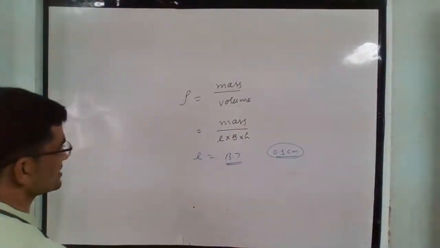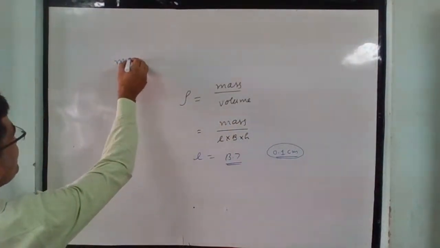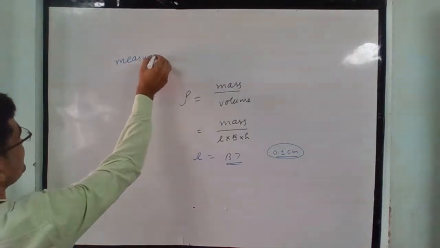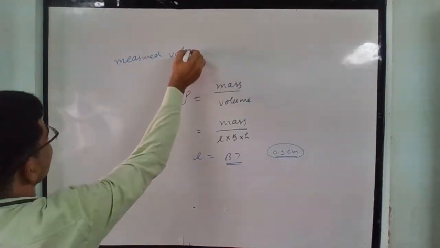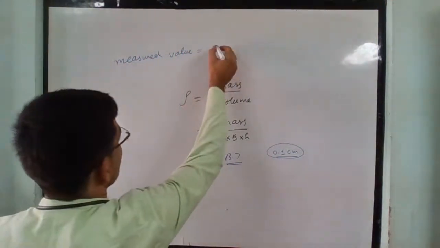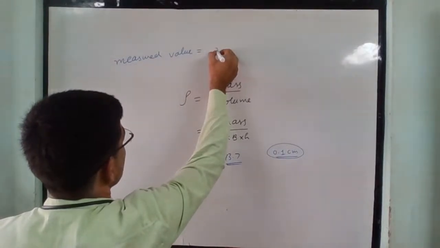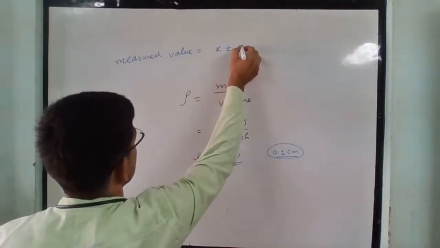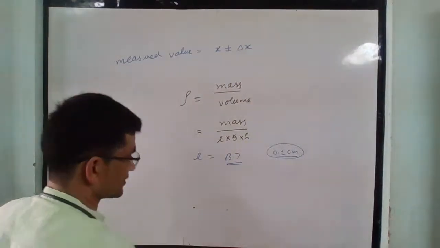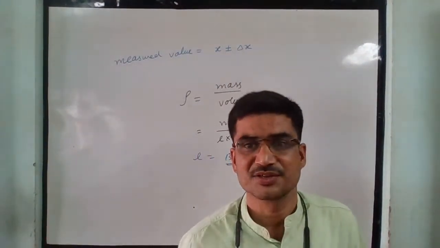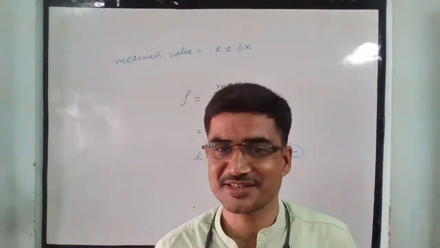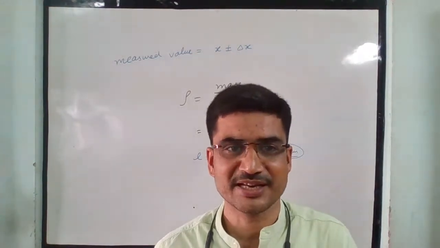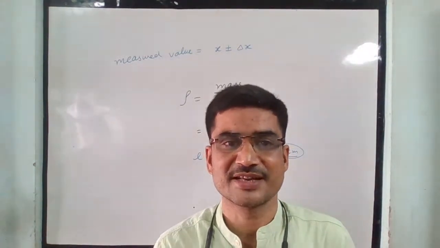We always write the measured value as: measured value is equal to something, with some error, plus minus delta x. It's like this. So what is delta x? You know that yesterday we discussed. If you did not come yesterday, watch yesterday's video. What is delta x?